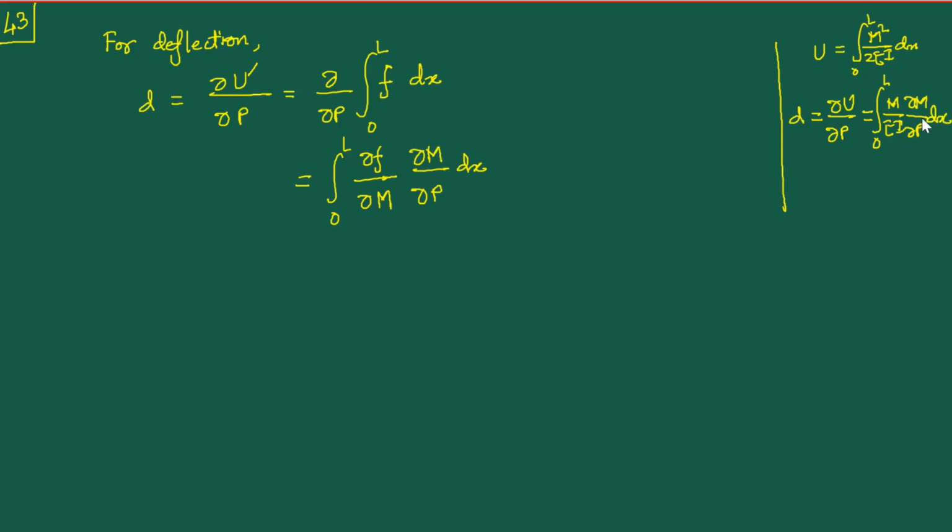So you see, this del m del P business is still very much present in our current formula, but this m by EI that we had obtained very simply, which you note is actually 1 by R, because m R is equal to EI. Many of you know this. The counterpart of that for our nonlinear behavior is this del f del m. Now let's see what this del f del m is.